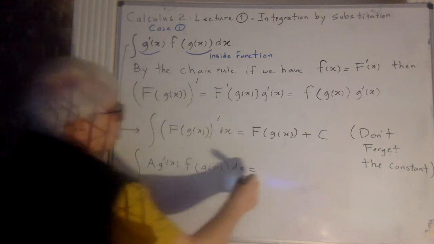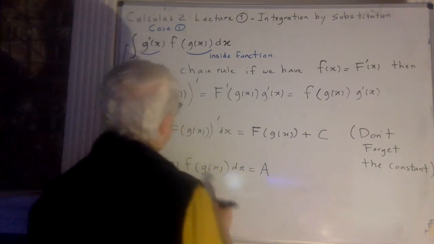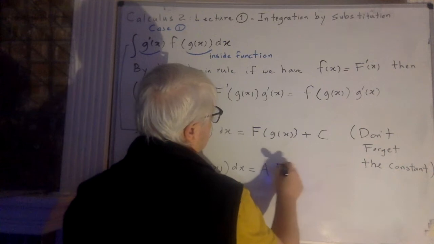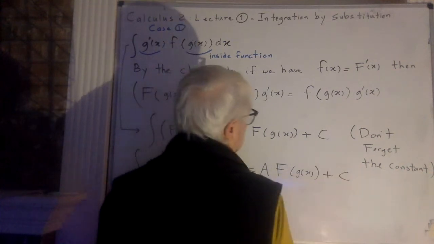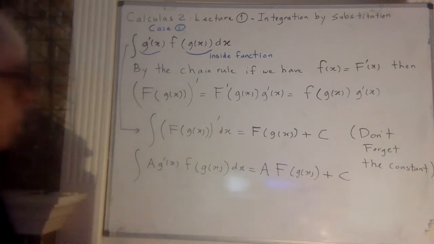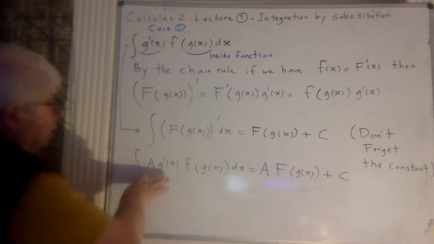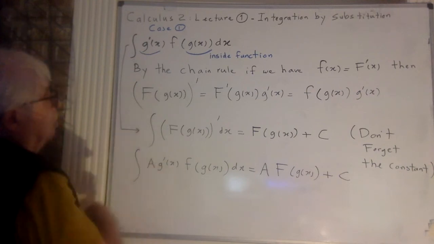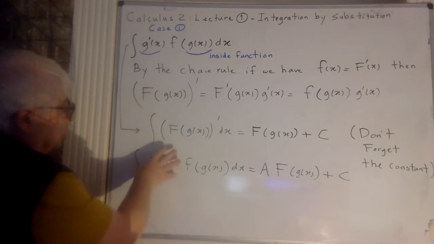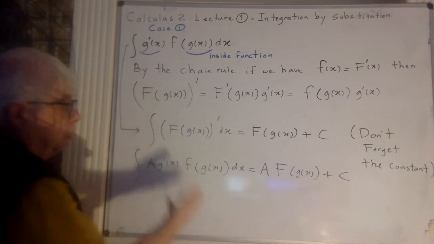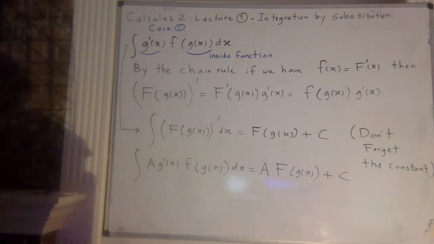So this constant just remains, so this will be a times F(g(x)). That's a constant. So that's what I said, that this is an outside function, and this is the derivative of the inside function. If you don't see the exact derivative, you might see a constant times the derivative.